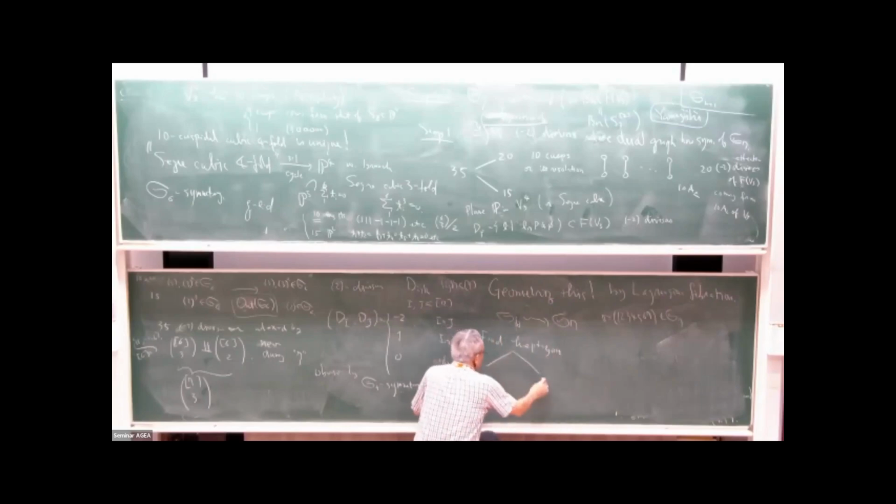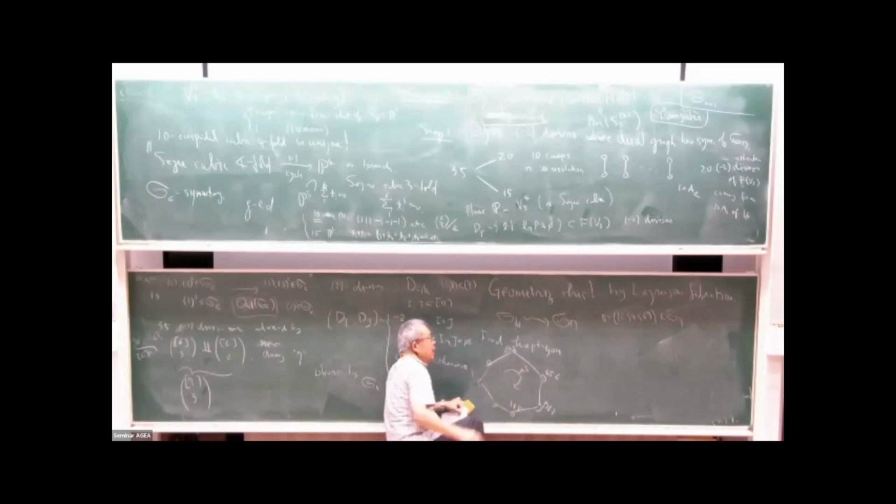So 1, 2, 3. And then the next one is 5, 6, 7, 1, 2. This one is 3, 4, 5. So sigma cubed gives a heptagon.